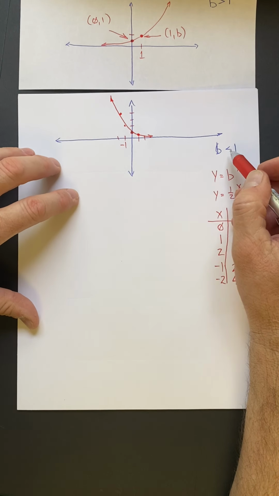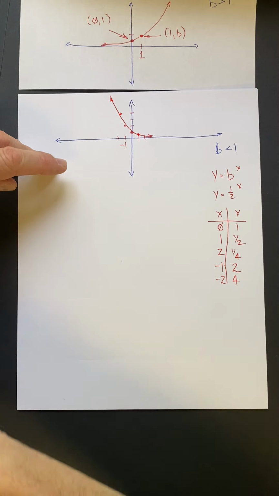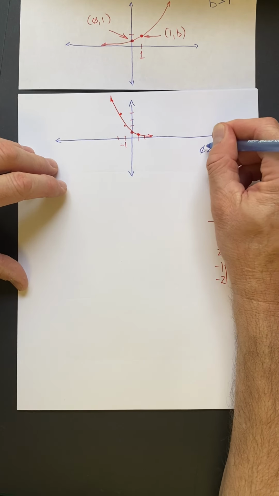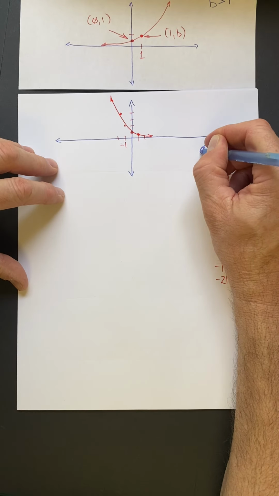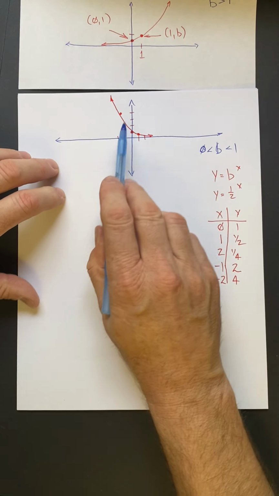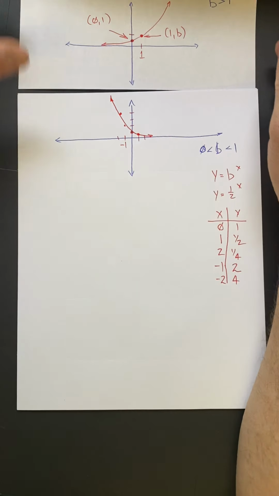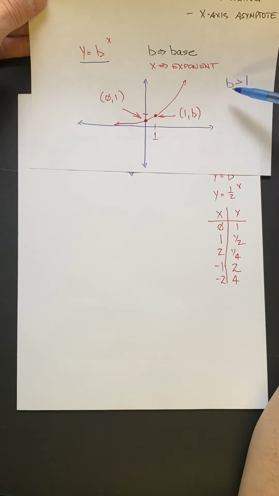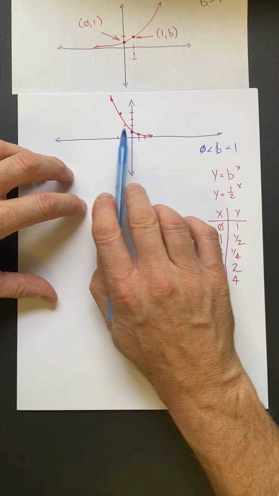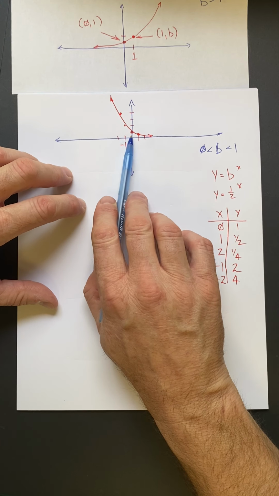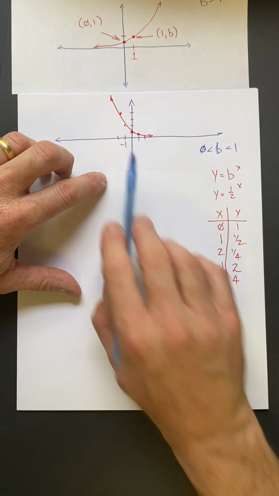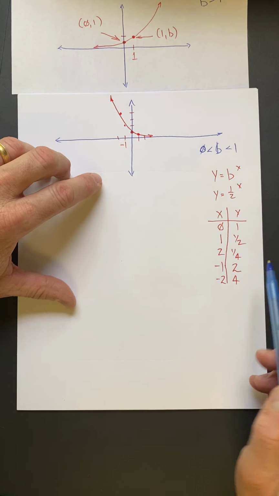When b is less than 1, but greater than 0, I'm going to get the opposite shape of what I had when b was greater than 1. But it's still going to have the characteristic of going through (0, 1). We proved it went through (1, b), remember?